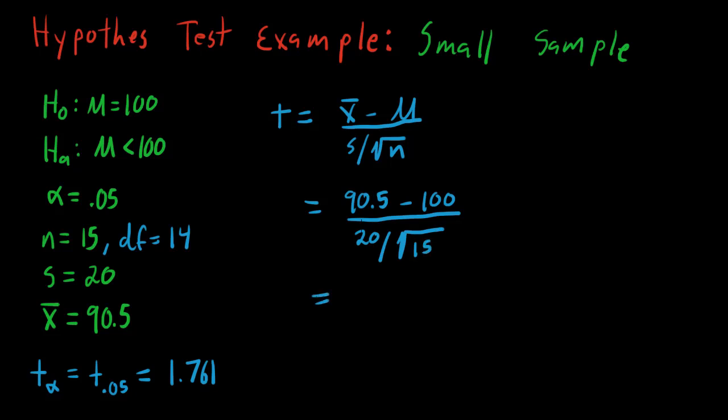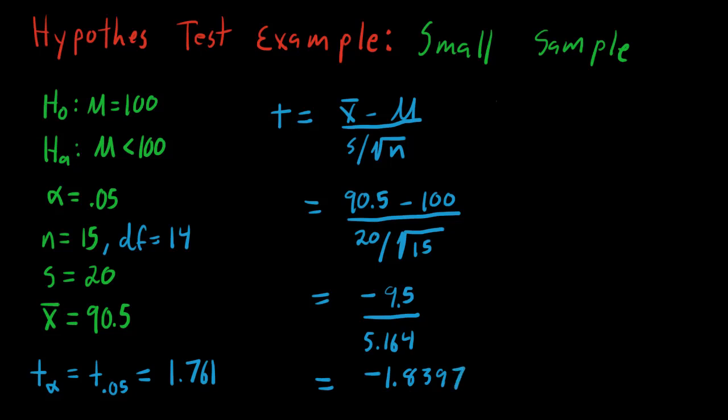So that gives us 90.5 minus 100, we get negative 9.5 divided by 20 divided by the square root of 15, which is equal to 5.164. We divide that out, we get negative 1.8397. And now we're going to compare.